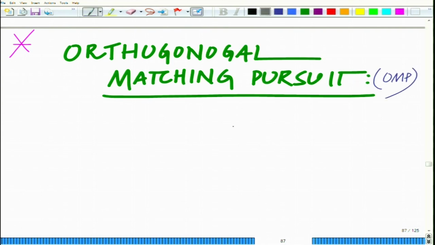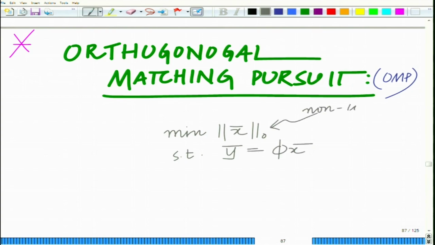Remember, the genesis of this problem is something like this. We want to enforce sparsity, that is, we want to minimize the number of non-zero entries given by the L0 norm, subject to the constraint y bar equals phi x bar, but this is non-convex.